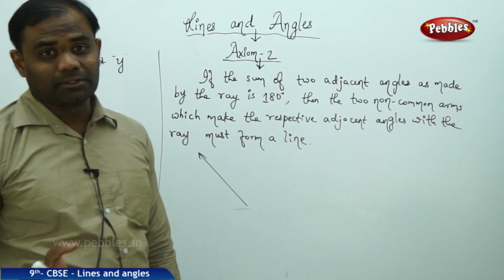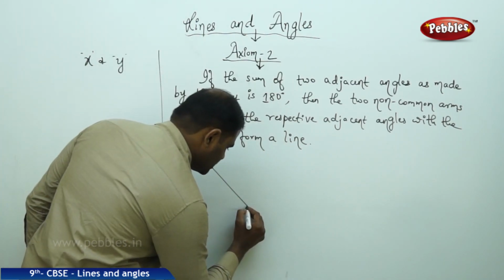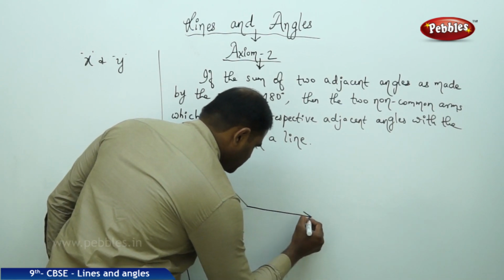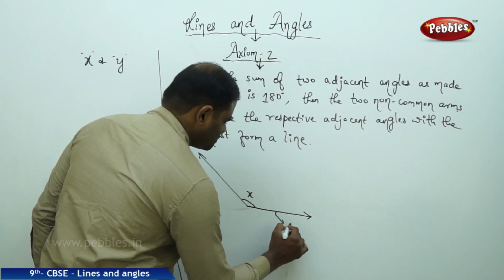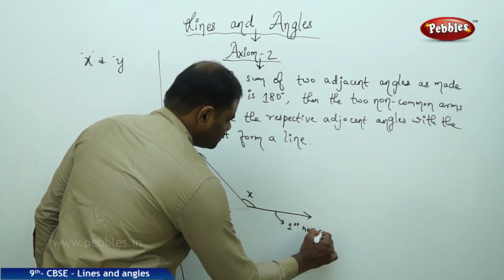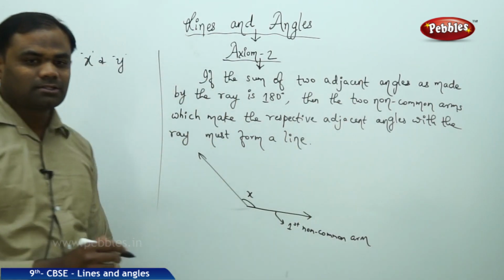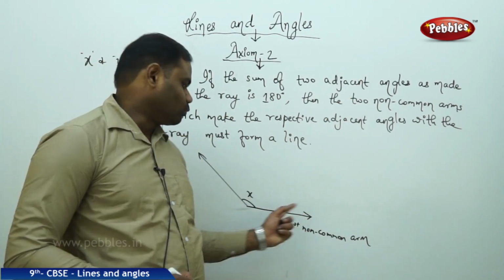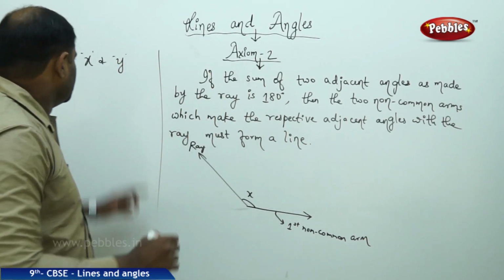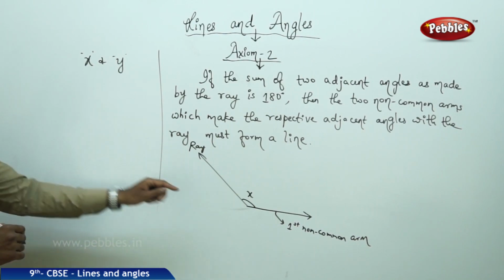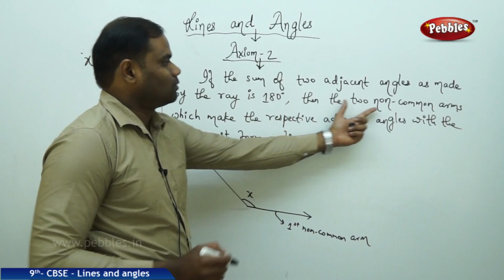They are beside each other. Then the angle x which the ray makes, say this is the angle x as made by the first non-common arm. This is the first non-common arm which makes an angle x with this ray. Now there's another angle y which is just adjacent to x and made by the other non-common arm.